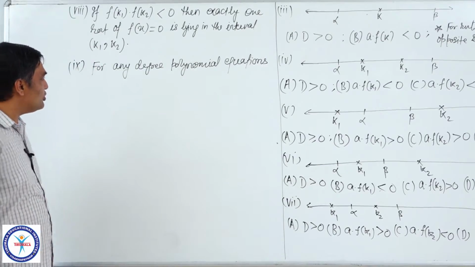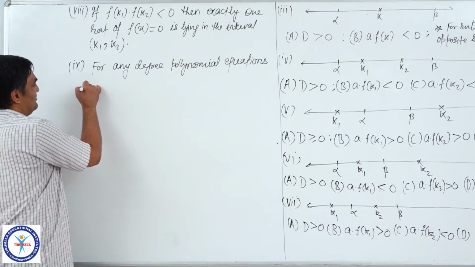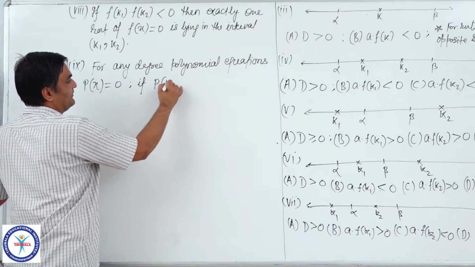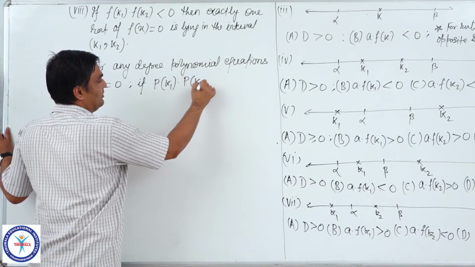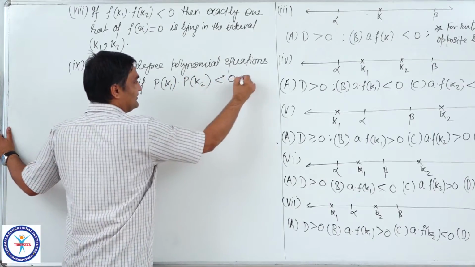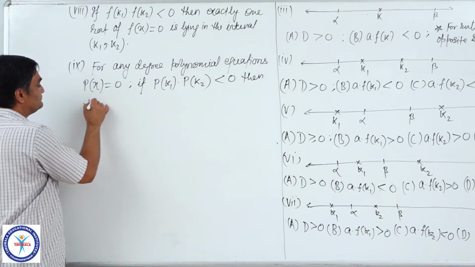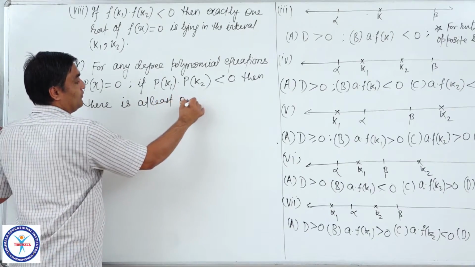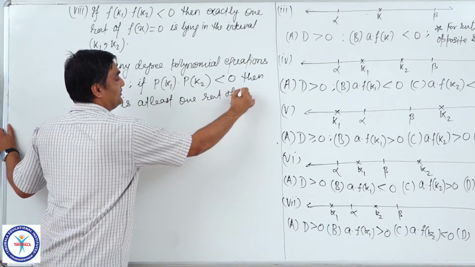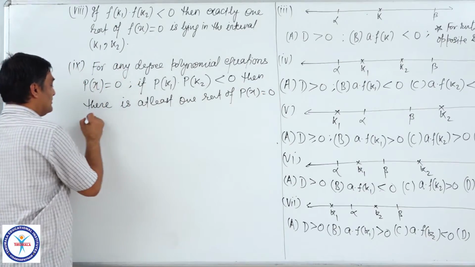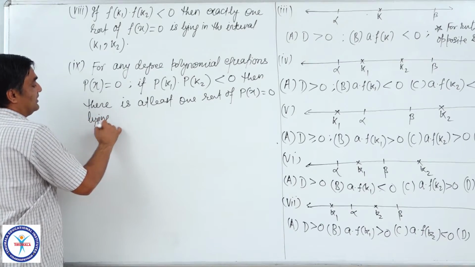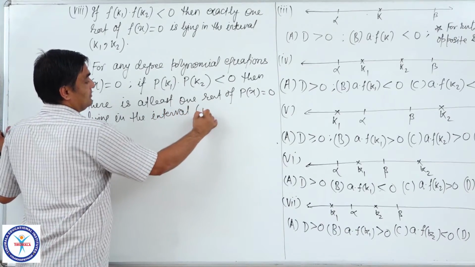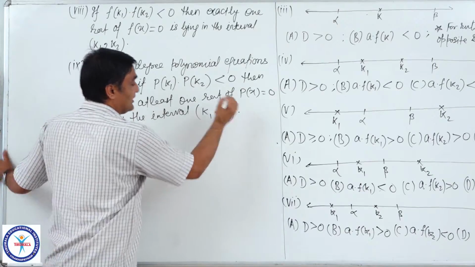For any degree polynomial equation P of x equal to 0, if P of k1 into P of k2 is less than 0, then there is at least one root of P of x equal to 0 lying in the interval k1 comma k2.